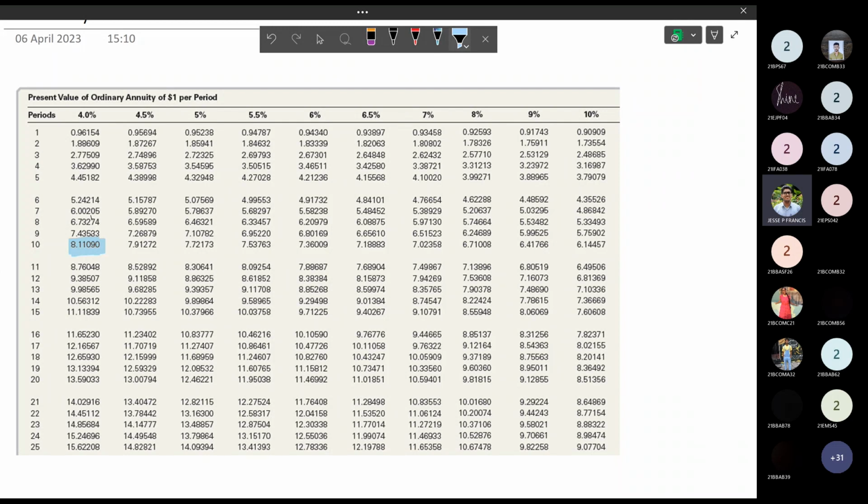All right. So what I'm saying is, now I can quickly ask you this question. Using the table, I need you to find the annuity factor. I'll put it in the chat box.